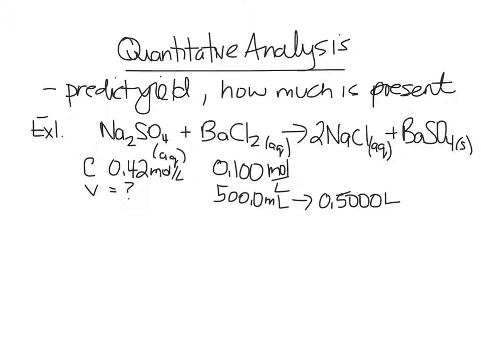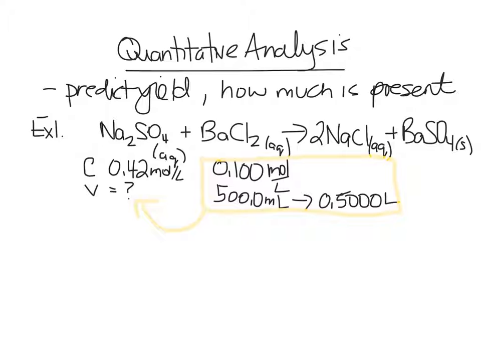So again, this is just like gravimetric stoichiometry. We're given information about one substance and have to calculate a missing piece of information about a different substance. And we're going to do it exactly the same way using mole ratios. I'm sure you're all very excited about that.